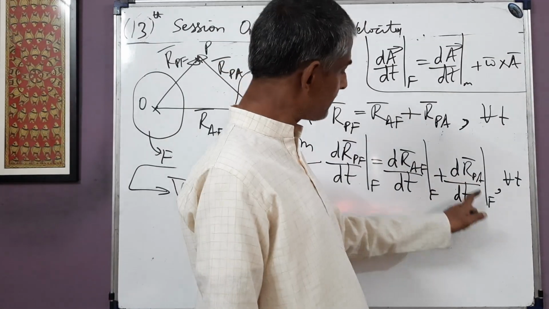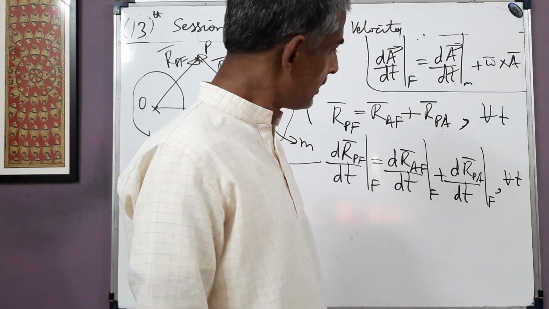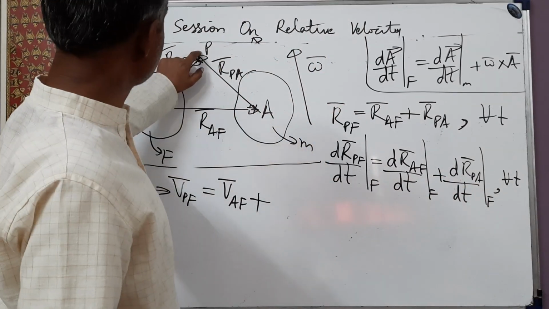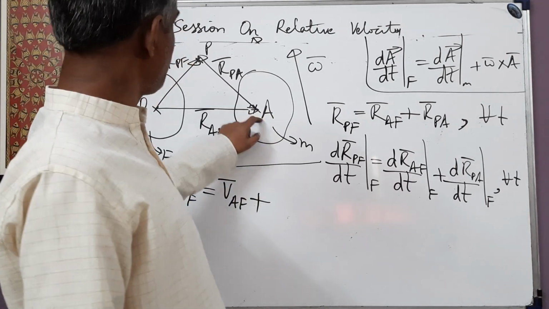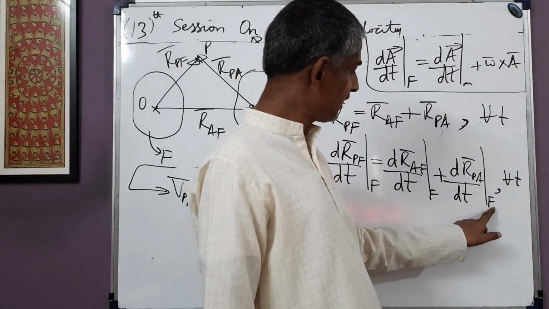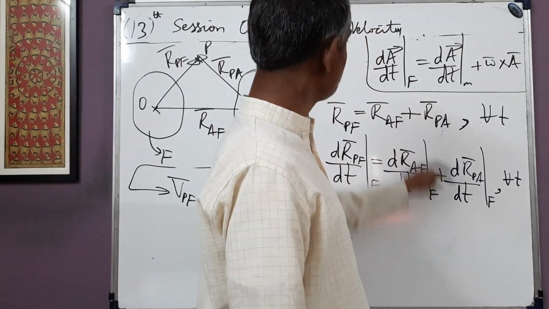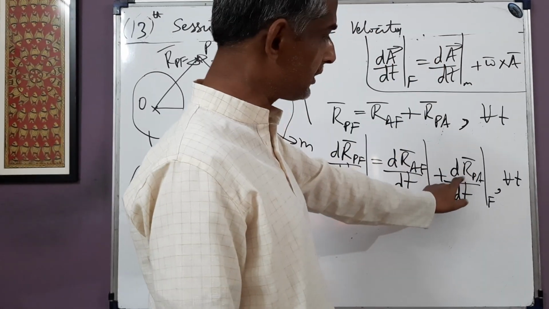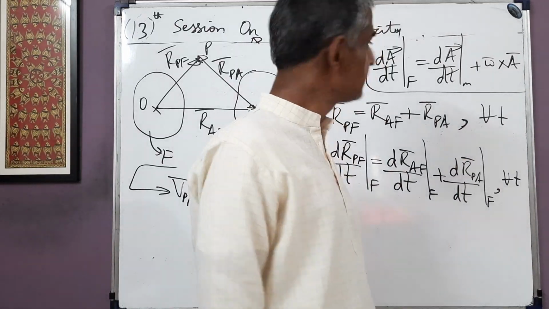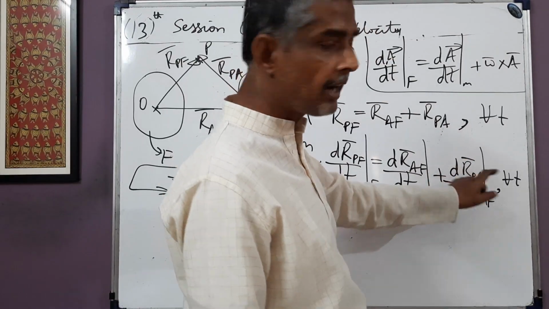Now how do we write d rPA by dt in frame F? See, vector rPA originates at A, its tail is at A and head is at point P. But A is fixed in M, not in F, and here the derivative is taken in frame F. So what do we apply? We apply this formula to this vector. Instead of vector A, we take vector rPA.